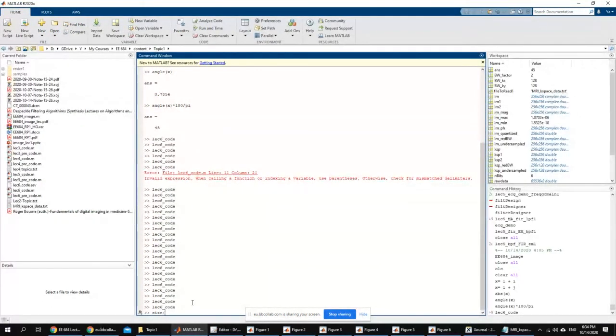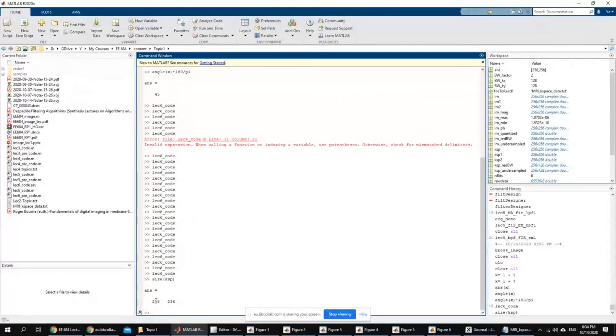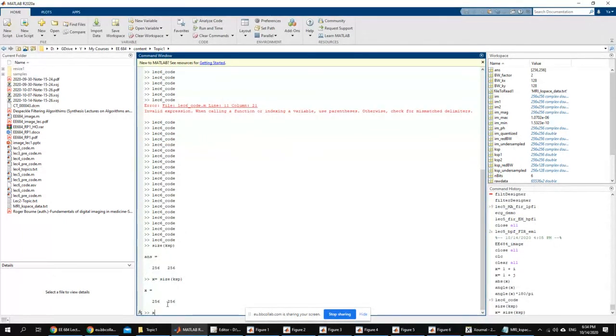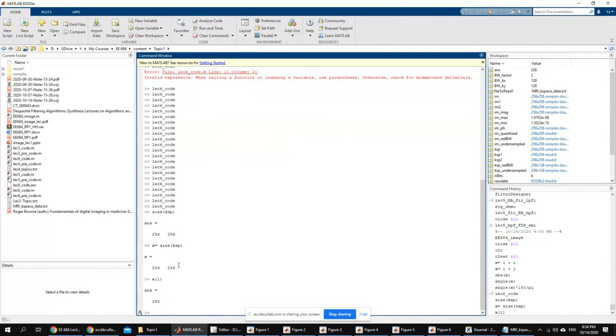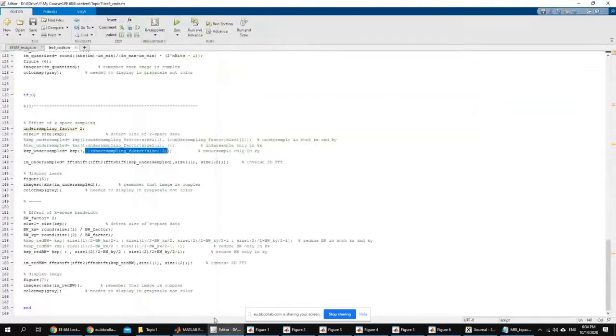The function size, if you have a certain variable inside, will give you the size of this variable. So if I say, for example, x equals size of K-space, x of 1 will be the first dimension, x of 2 will be the second dimension. So what I do here is I have size 1, so that I remember what this is for. Size 1 is the size of K-space.